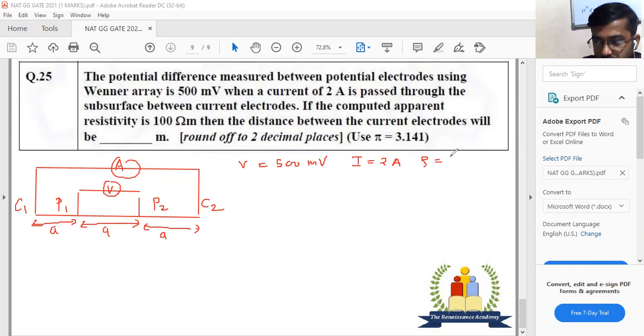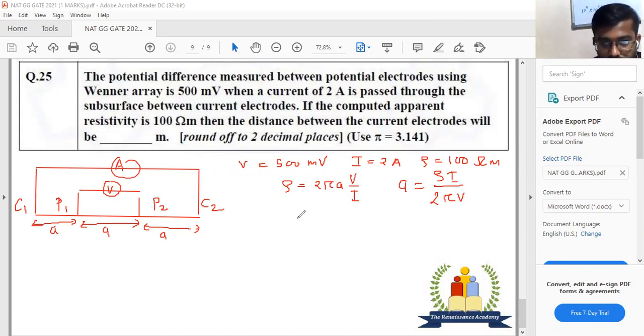Resistivity rho is given, 100 ohm meter. Now we have the formula, rho is equal to 2 pi A V by I. Converting this formula in terms of A, A is equal to rho into I divided by 2 pi V.